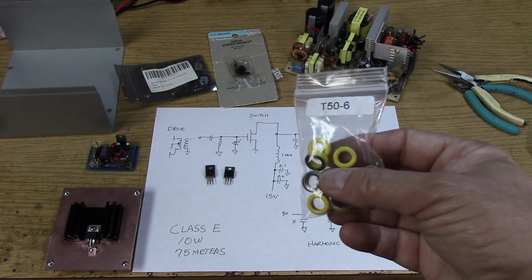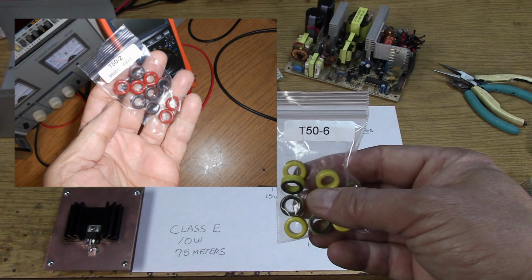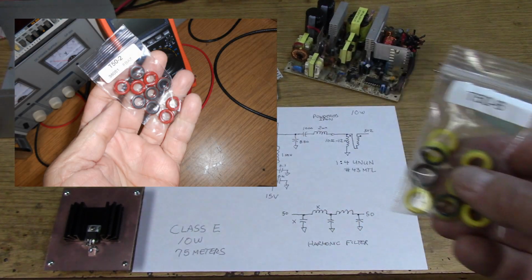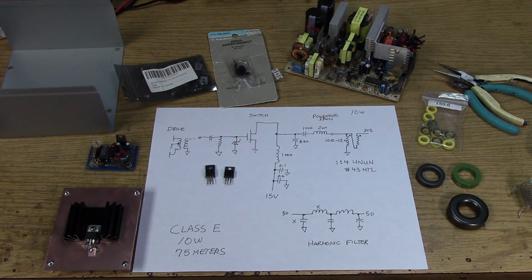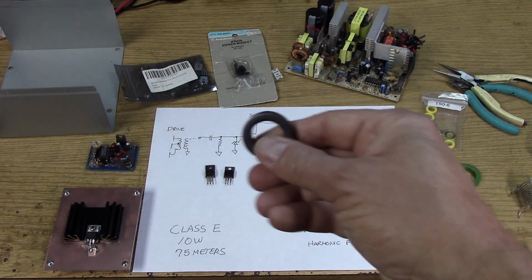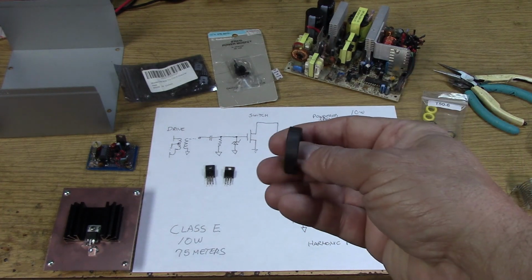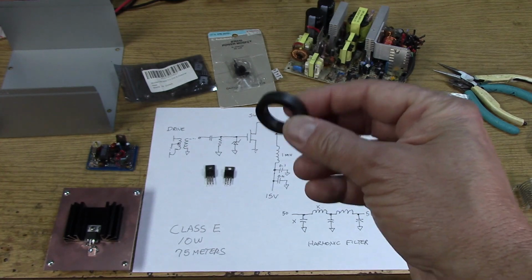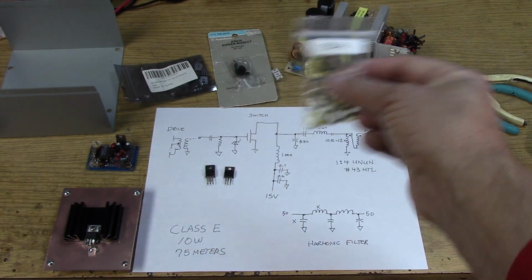You just need to put a few more turns on. The red core, the number 2 material, instead of the number 6, is preferred for the 75 meter band. If we do need to do any wideband transformation, of course we can use number 43 or even number 61 and make transformers with the ferrite. This is ferrite, and of course this is powdered iron.